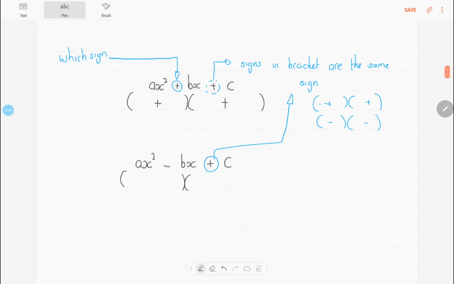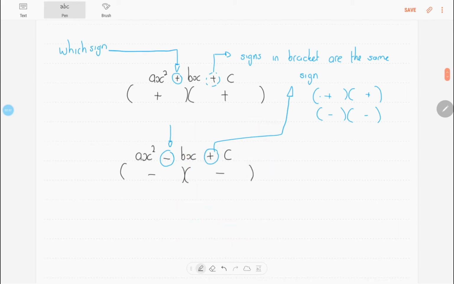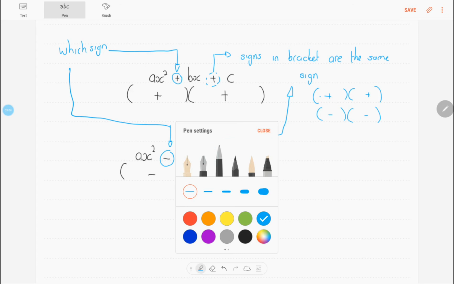Alright, so which sign goes in there is given to us by this guy. Alright, so that's a minus, so we know that we're going to get a minus and a minus in the bracket. Alright, so as to which sign, same thing. We always look at what's in front of the x, the coefficient of the x, to tell us which sign we're going to use. Alright, cool.